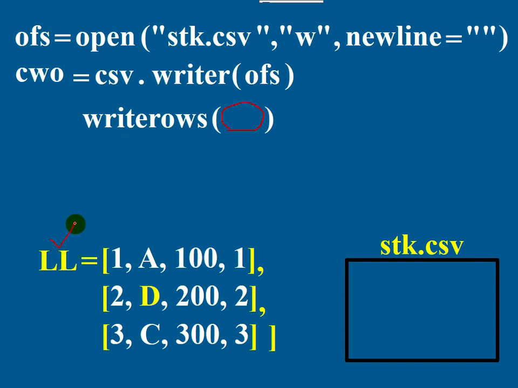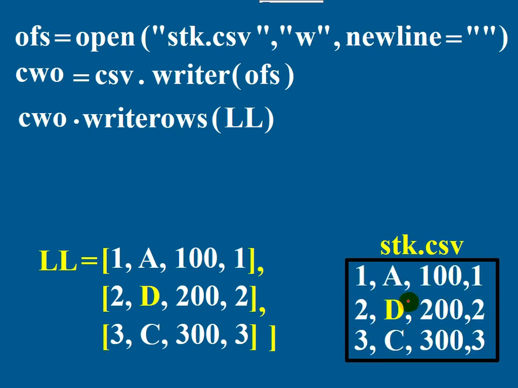It's a list of lists. Now writerows is a function of the CSV writer object, so it should be called as CWO.writerows. And what writerows does is, this complete data is written to the CSV file, and you can see the modified row comes in the CSV file.